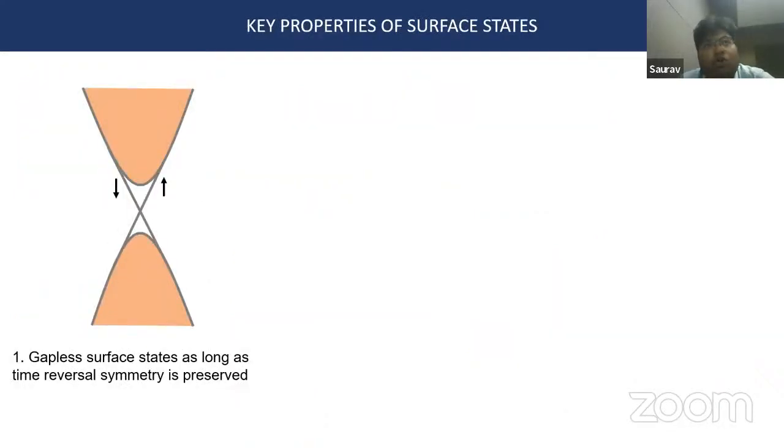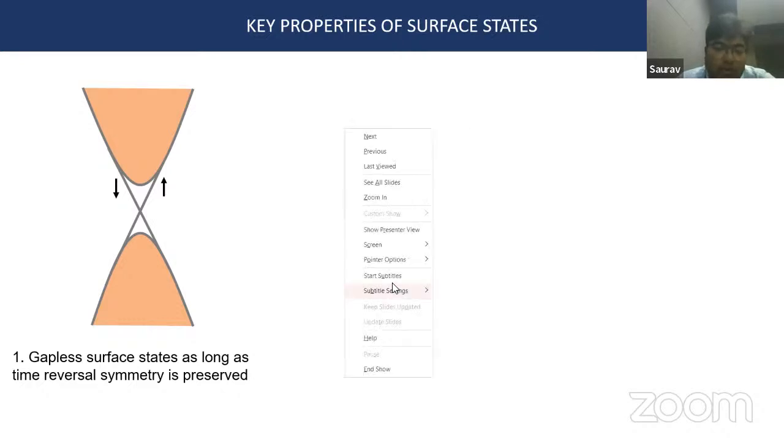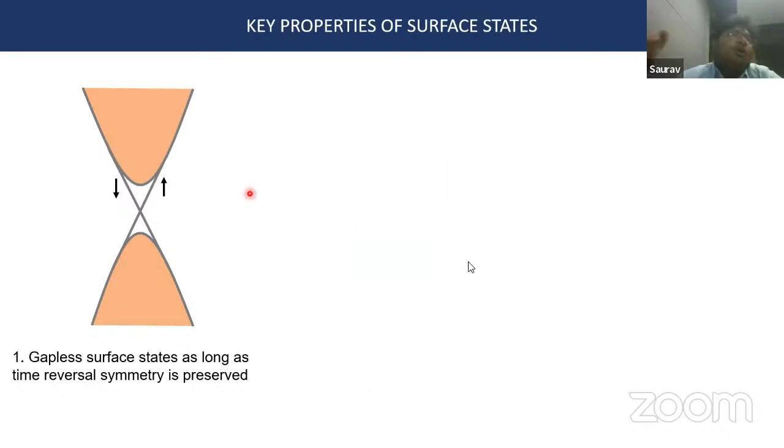So as you all know, metals have partially filled bands. Insulators have fully filled bands, and there's a band gap. So in case of topological insulators, you have these 3D TIs, you have these metallic surface states within the bulk band gap. So the way to imagine them electrically is it's like chocolate with a wrapper.